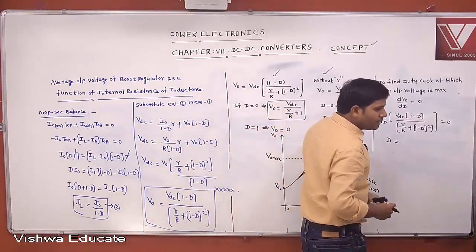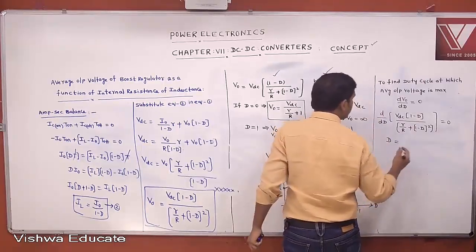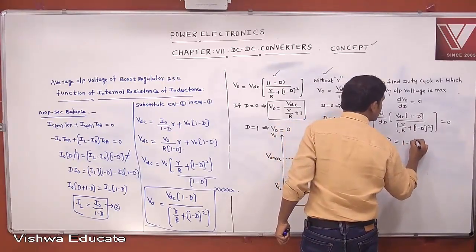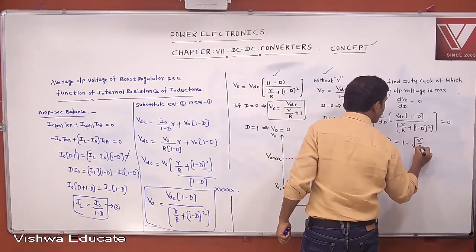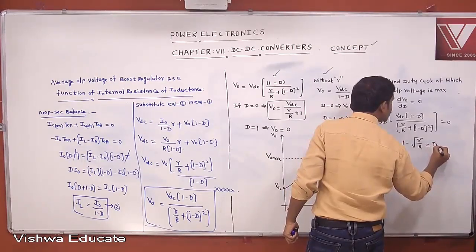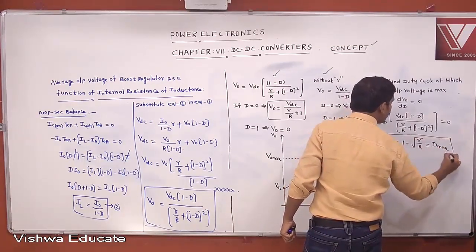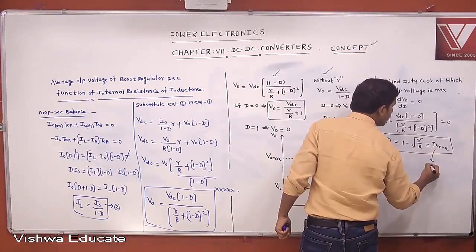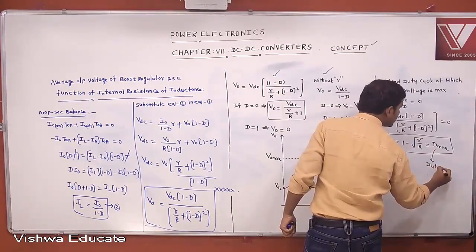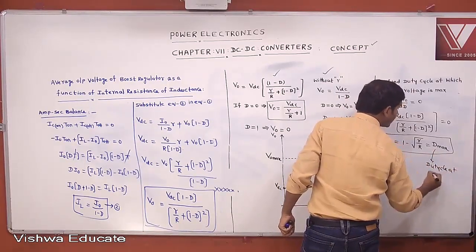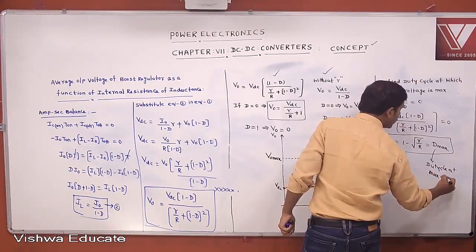Then you can get the expression for duty cycle equal to 1 minus square root of (small r by capital R). This duty cycle is nothing but D max. This is the duty cycle at maximum average output voltage.